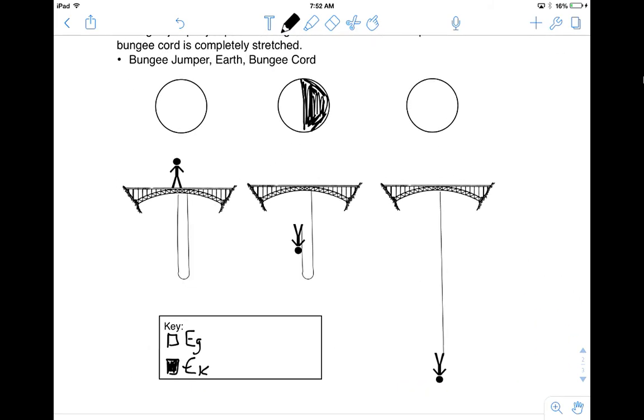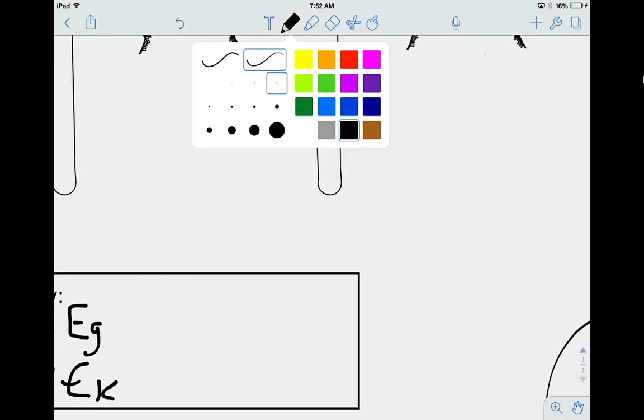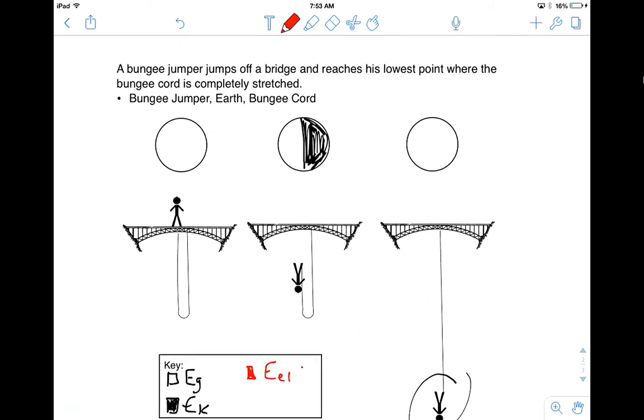All right. Now at the end, when he's stretched all the way out, he's not moving anymore, so there's no more kinetic. He is as low as he's going to go, so there's no more gravitational. So the only thing left for him is elastic, EL.